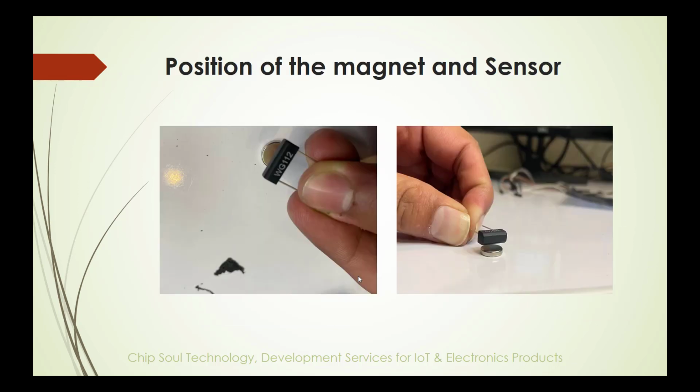The perfect position is that whenever you place the Wiegand sensor very close to the magnet, you will see the output voltage. Otherwise, if you don't place the magnet and the sensor at this position, you can't get the output voltage. So this is a very perfect position, you can see.